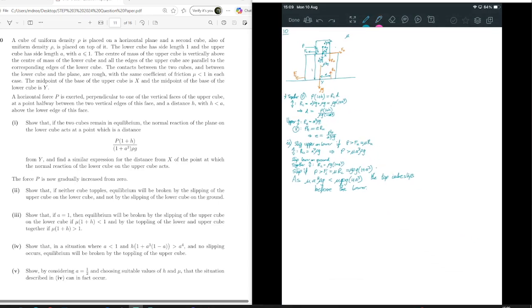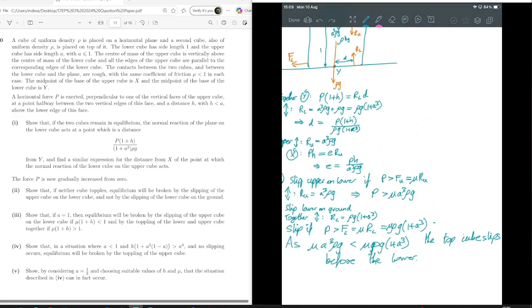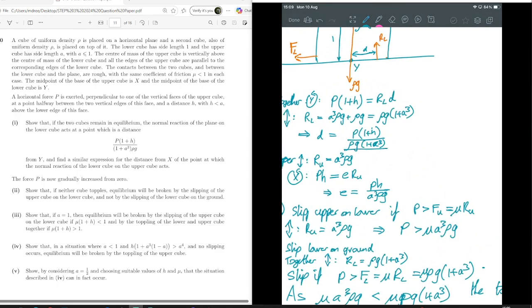Okay, part 3. Show that if A equals 1, so that's now saying the two cubes are identical in size, and things to notice is this will then become just over 2 rho g. This will just be over rho g.